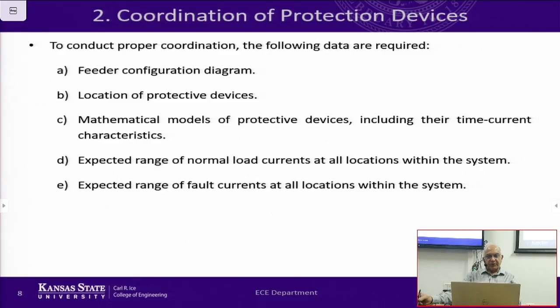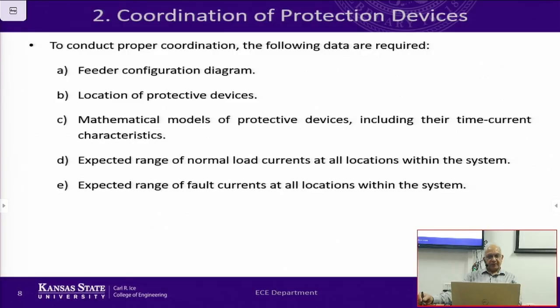When you are trying to do coordination of protection devices, we need to know a feeder configuration diagram, a topology of which way the feeders are going and where the devices are located.